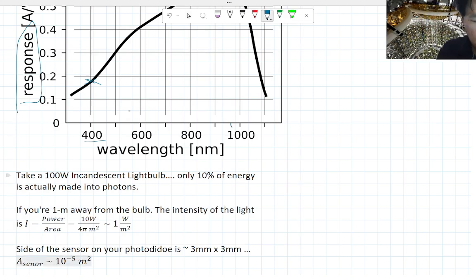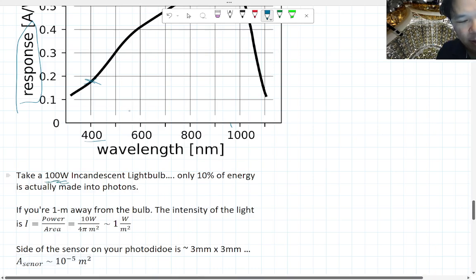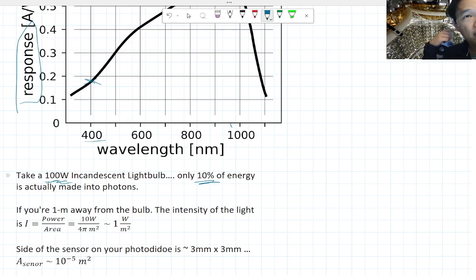So going back to converting power to photons, think about an incandescent light bulb. For a 100-watt incandescent light bulb, only 10% of the energy actually gets made into photons in the visible spectrum. A lot of it goes into infrared, which we don't see.